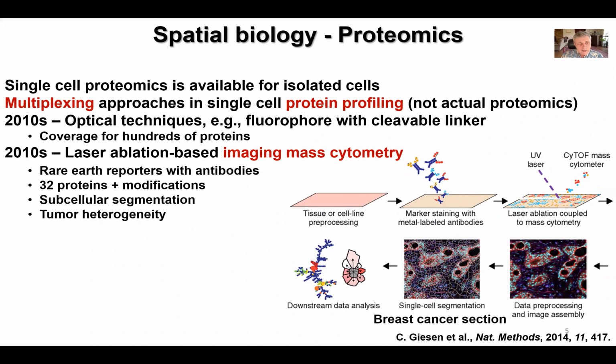Another approach is a laser ablation-based approach where mass cytometry is employed. Rare earth metals are used to tag individual cells, where the antibodies decorating these cells attach these rare earth reporters to those cells, and then the cell of interest is ablated, and the ablation product is entrained into an ICP-MS, and the rare earth element is identified.